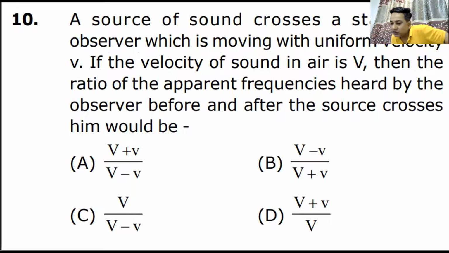This is the next one. A source of sound crosses a stationary observer. Source is moving, observer is not. Please do not refer to the answer in the answer key, because the option may be correct, the option may also be wrong. Source is moving towards a stationary observer, which is the ratio of apparent frequencies heard by the observer before and after.